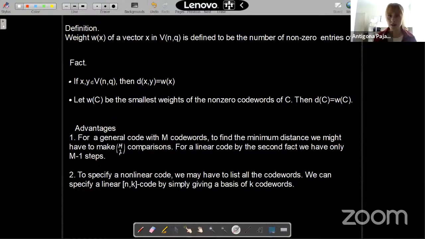The second one is that to specify a non-linear code, we may have to list all of the code words, but to specify a linear code, we can do it by just giving a basis of K code words. As I said before, these are linearly independent and they span our vector space, so they can generate our code.